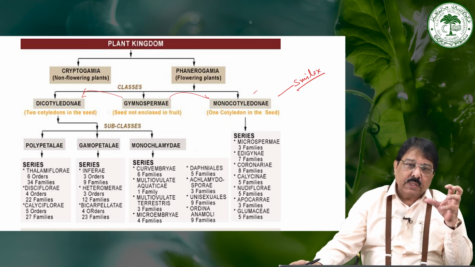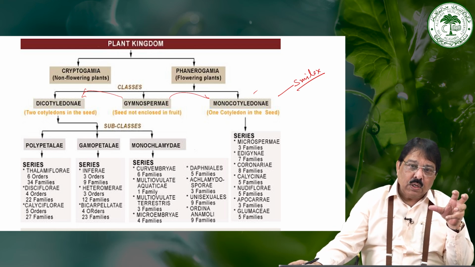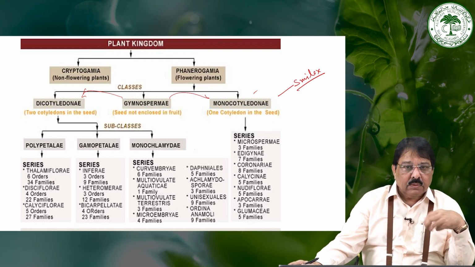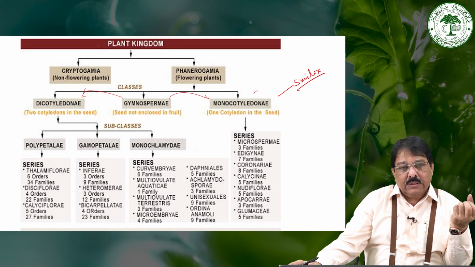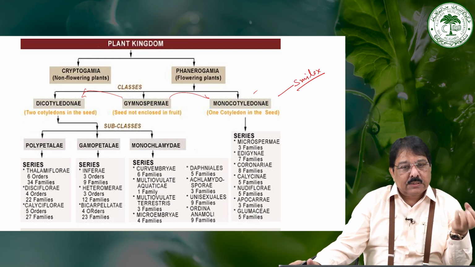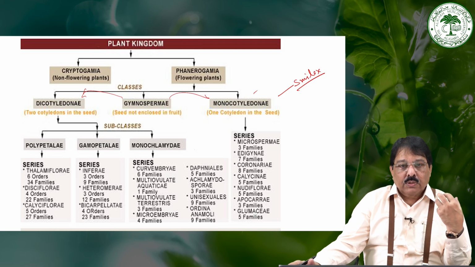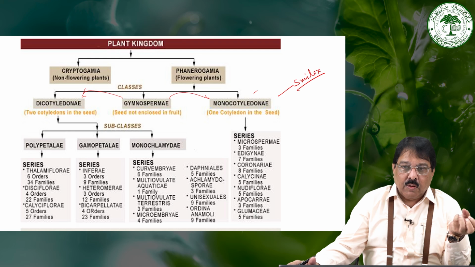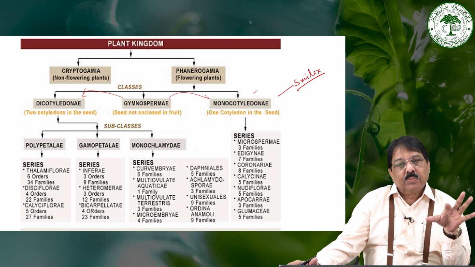All segments will have 4 or 5 or a multiple of that. If I say tetramerous, then the calyx would be 4, the petals would be 4, the carpels would be 4, the stigma would be 4, or it may be a multiple of that.